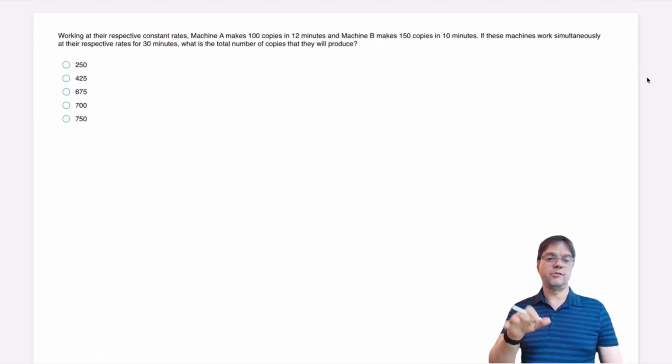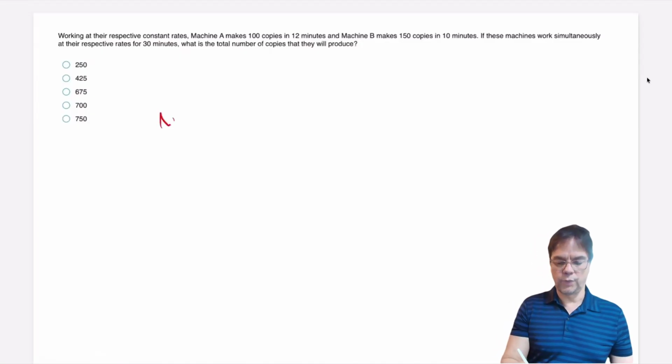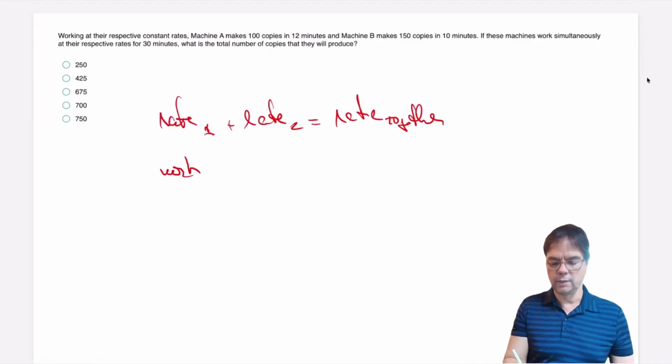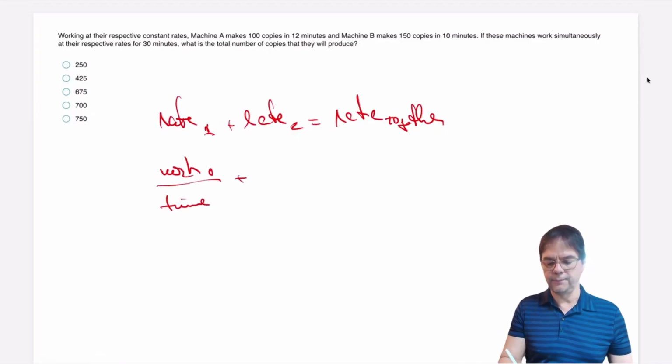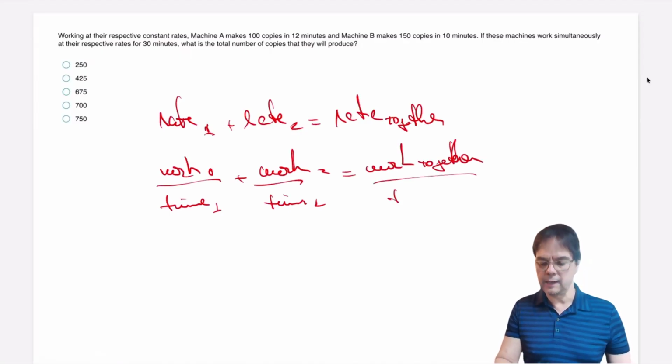Okay, there's a specific class for this: the rate of one machine plus the rate of the second machine is the rate together. Rate is work over time. So work over time of the first one plus work over time of the second one is the work together.